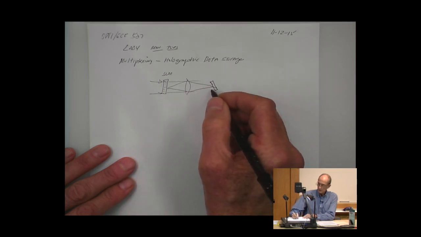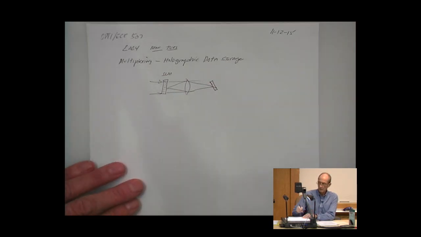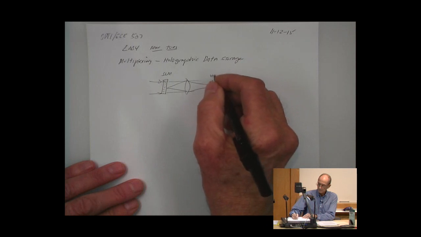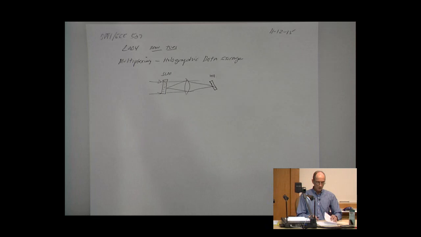And then we want to change that and maybe store another data set in the hologram. And so there's a variety of ways that you can multiplex.